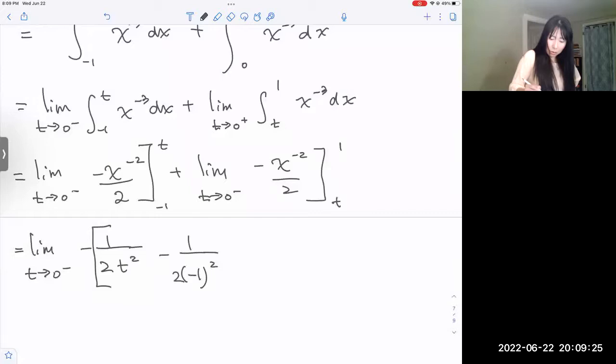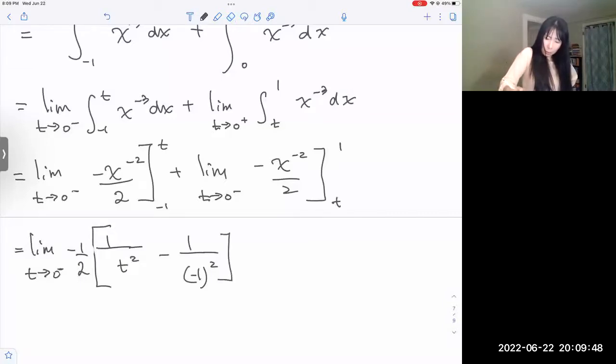Factor out the negative 1/2. Okay, so be careful, this is from the left. All right, so then we don't need 2. Just like that, right?